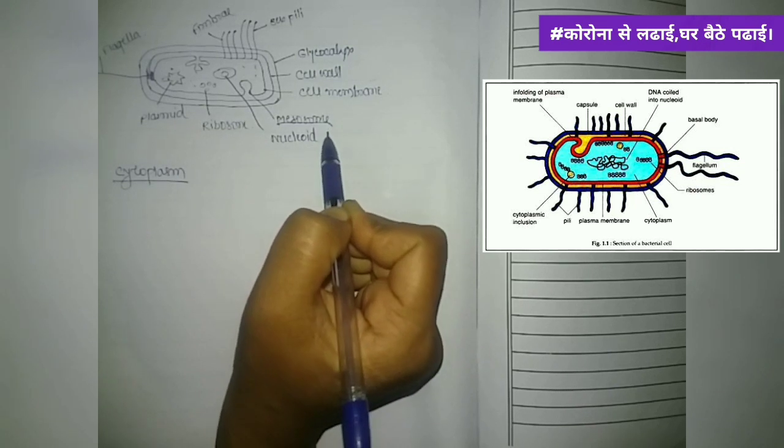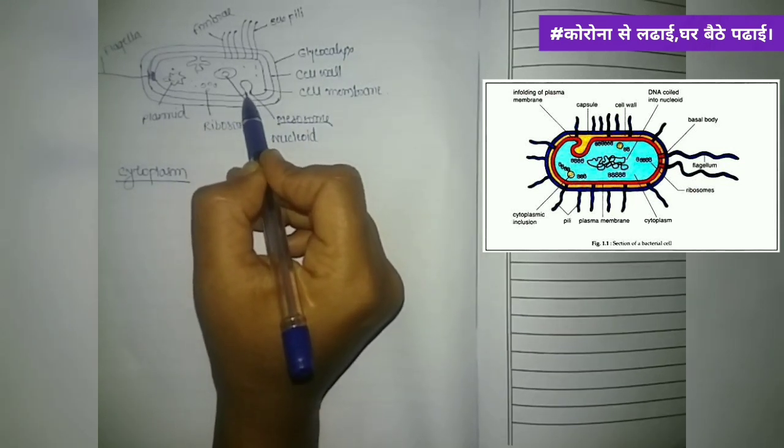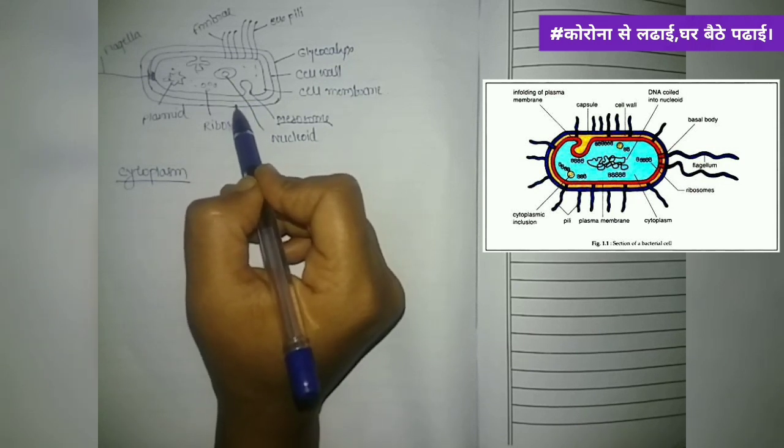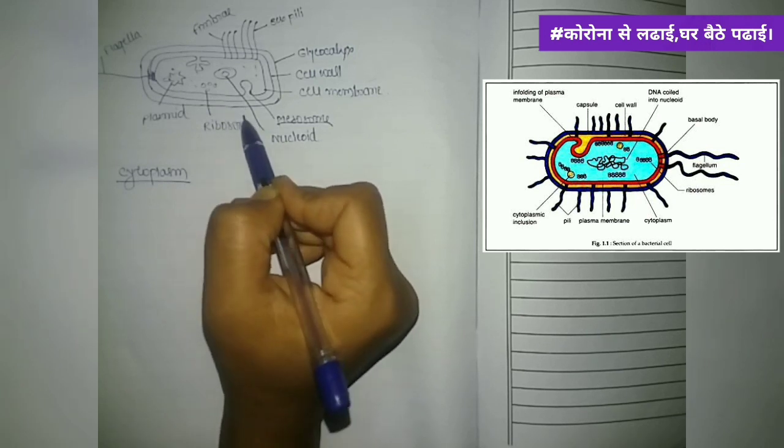Remember one thing: the mitochondria is absent in the prokaryotic cells, and the mitochondria is the powerhouse of the cells, meaning it provides the energy to the cells.